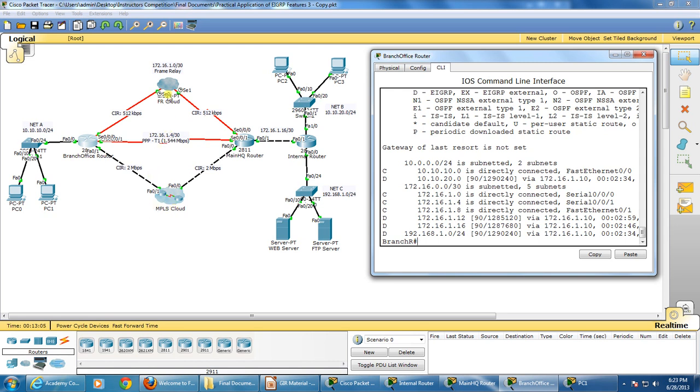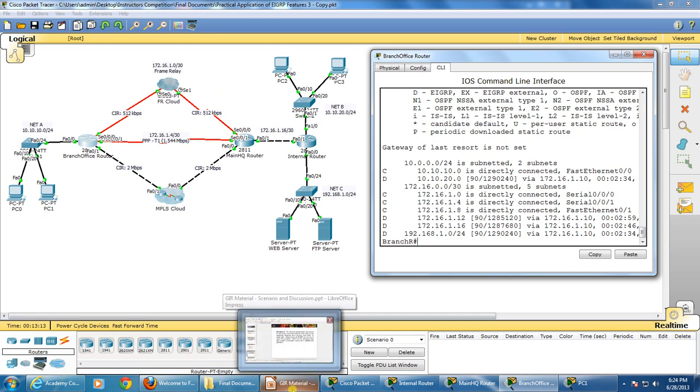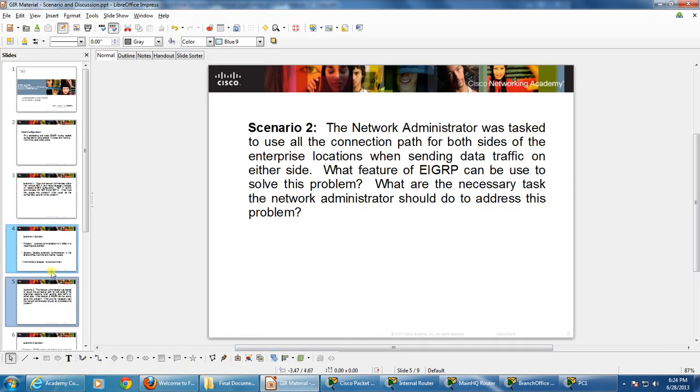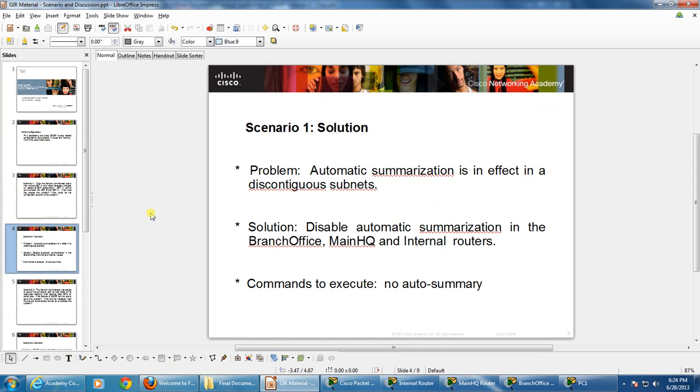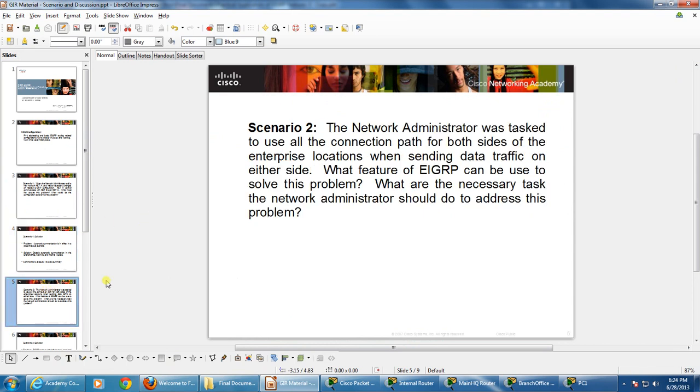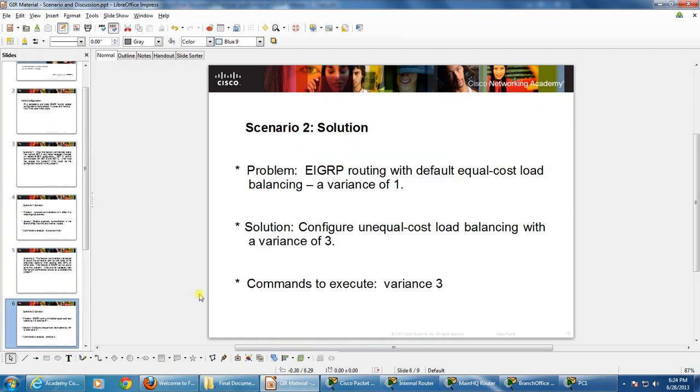So to use the other links such as the T1 and the frame relay cloud, the solution for this is, of course, we need to change our variance.